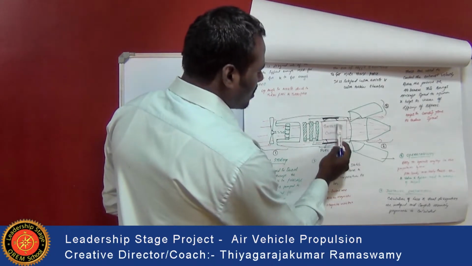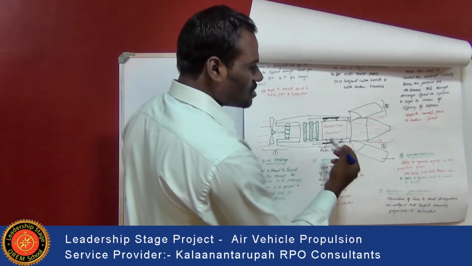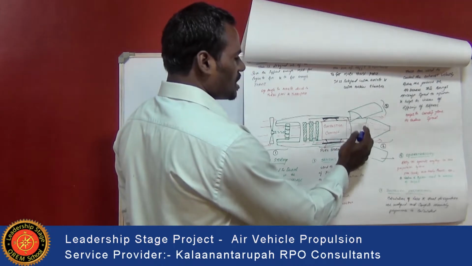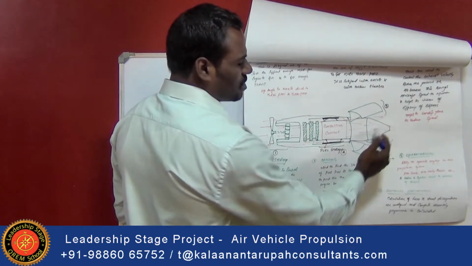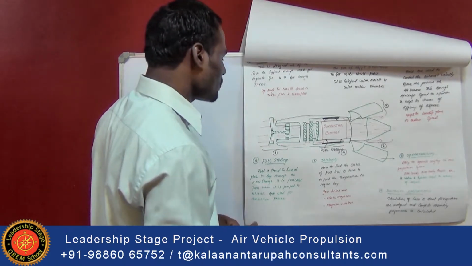The combustion is carried out, and the exhaust gases coming out from the combustion are subjected to the turbine at this area, and then to the nozzle structure where we will be getting a maximum thrust.